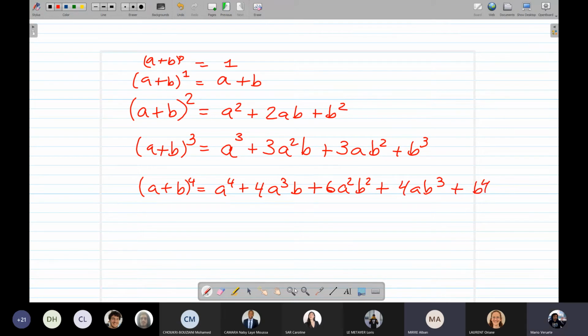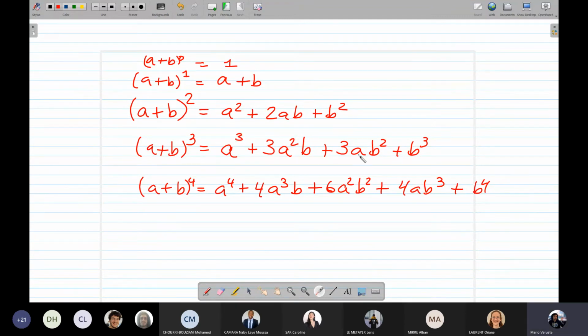Let's analyze a little bit those formulas. At the beginning, they always start with a to the power of the exponent we have. Here the exponent is 3, so we start with 3. Here the exponent is 4, we start with 4. Now look at the powers of a. They are decreasing: a power 4, a power 3, 2, 1, 0.